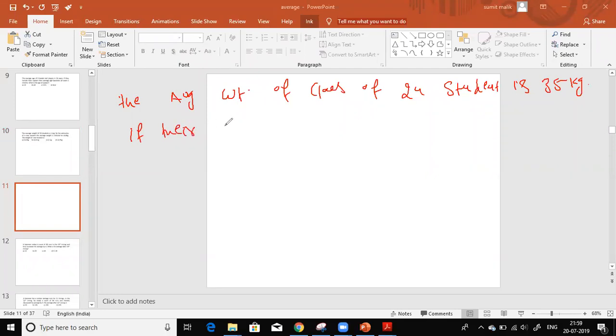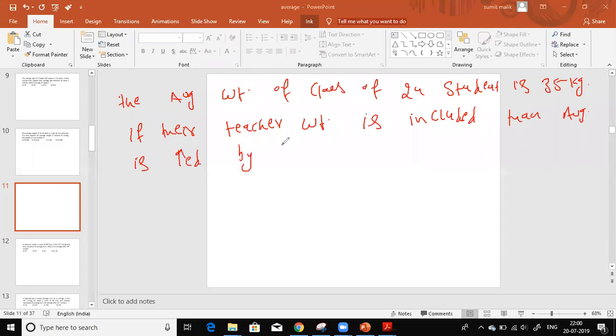If their teacher's weight is included, then the average is increased by 400 gram. Then find the weight of the teacher.